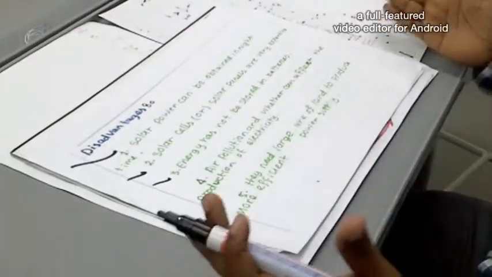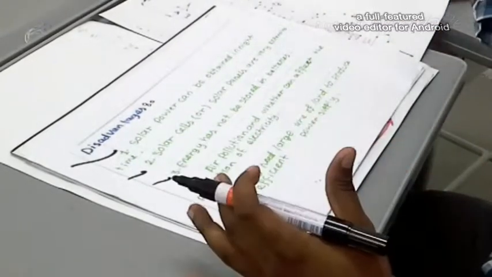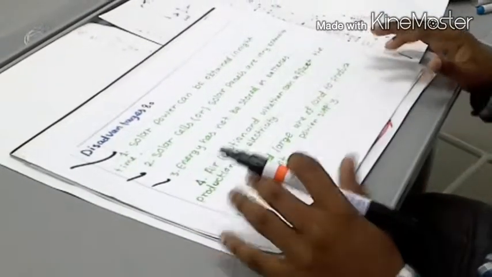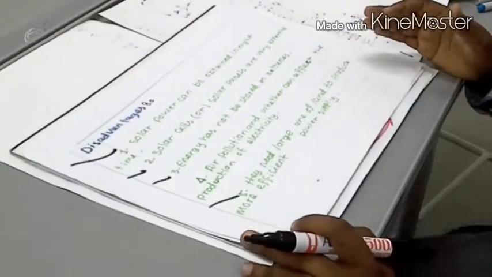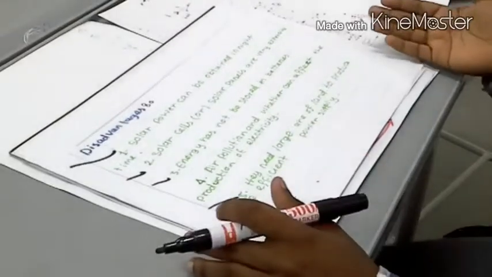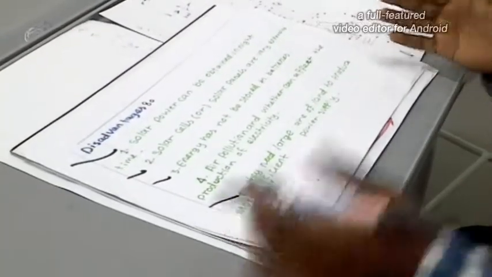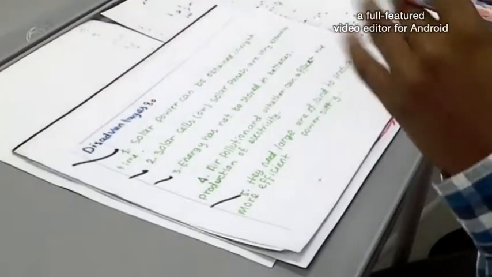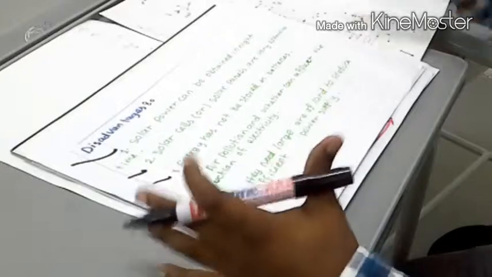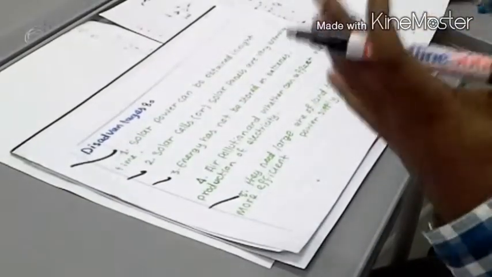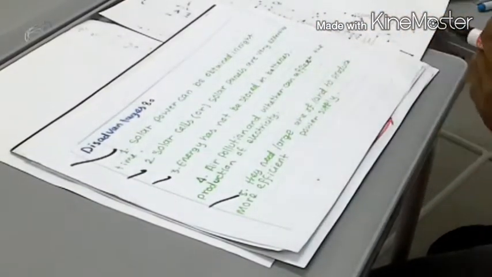If, for example, it is raining, of course we cannot have sunlight, and therefore the solar cell will not function. And the fifth, they need a large area of land to produce an efficient power supply. That means we need very wide land that is open to the sun in order to have maximum power production.